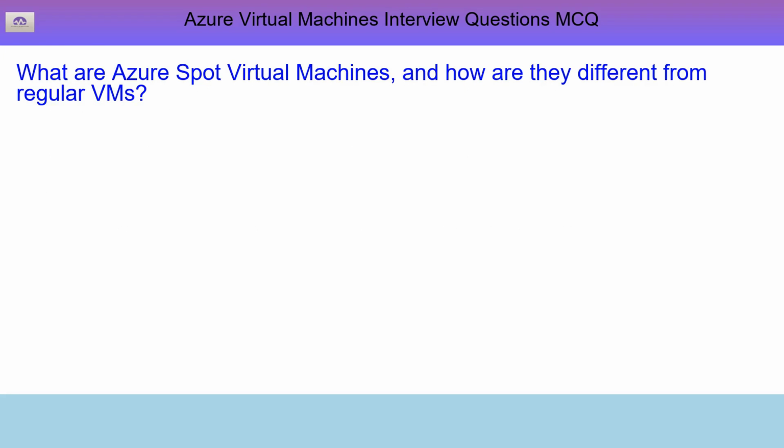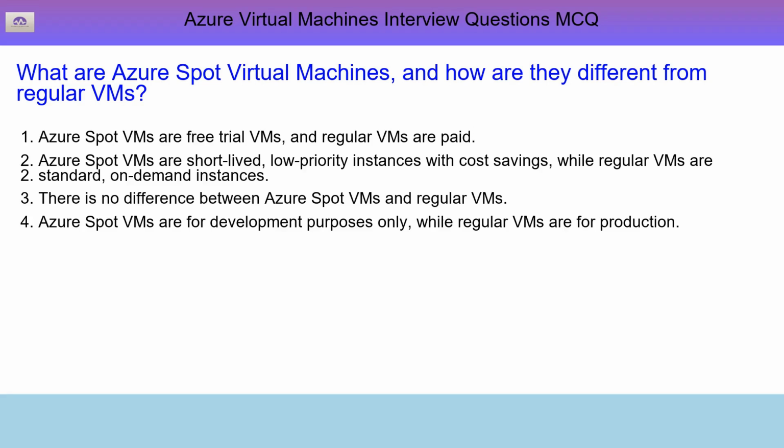What are Azure Spot Virtual Machines, and how are they different from regular VMs? Here are your options. 1. Azure Spot VMs are free trial VMs, and regular VMs are paid. 2. Azure Spot VMs are short-lived, low-priority instances with cost savings, while regular VMs are standard on-demand instances. 3.